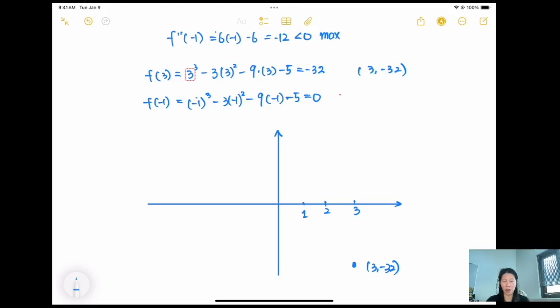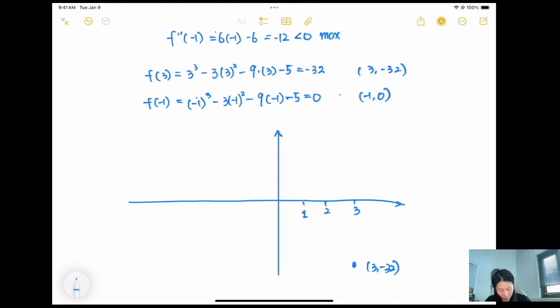On your homework, I'm not looking for a very nice, precise graph, but I'm just looking for a general graph that makes sense, showing everything that you've known. Another one is at x equals -1, 0, which is here, -1, 0.